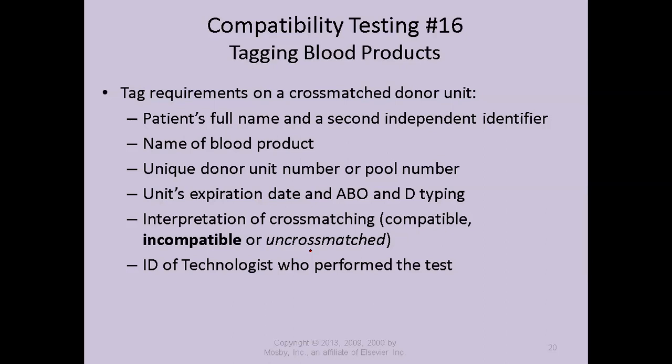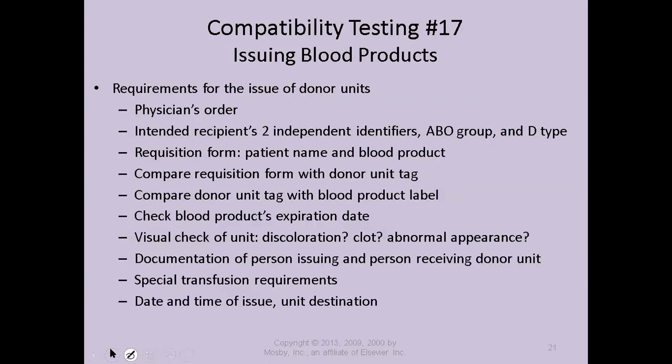However, you will retain the segments from each uncross-matched unit you release. Although it will say uncross-matched, they will transfuse those units, and the universal red cell donor is O negative, right? We would still complete the cross-match testing, but it may not be done before the patient gets the transfusions. And then ID of technologist who performed the test.